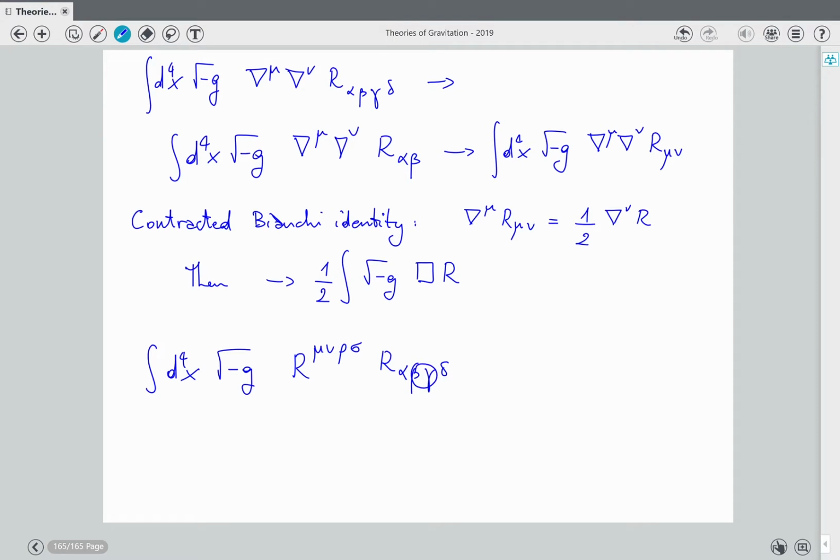You can contract those two and have a Ricci tensor. You cannot contract those two or the other two because they are anti-symmetric. So if one of the two becomes the Ricci tensor, necessarily you have to contract two indices of the other Riemann tensor among themselves, so necessarily you have two Ricci tensors.